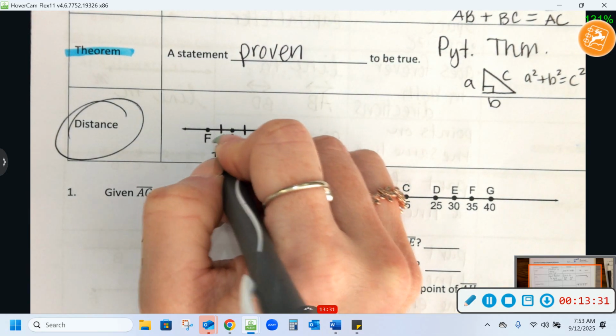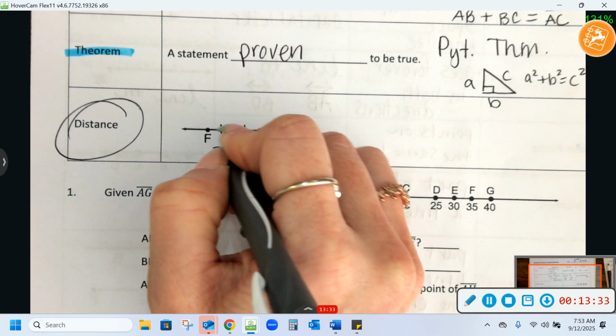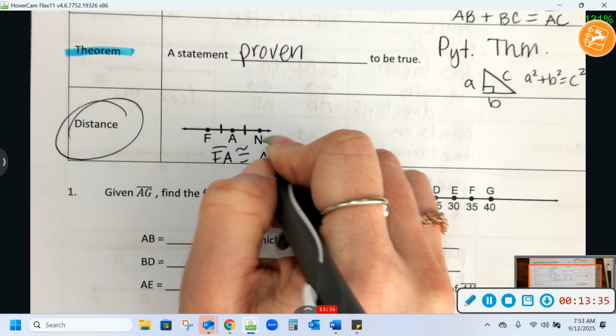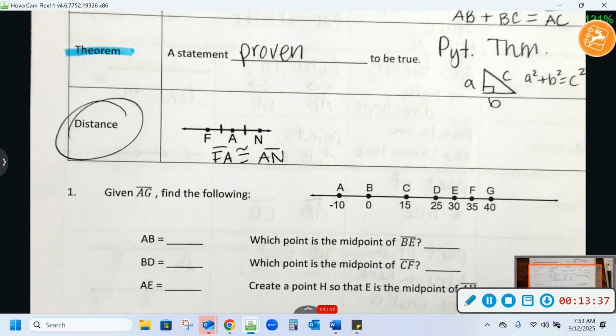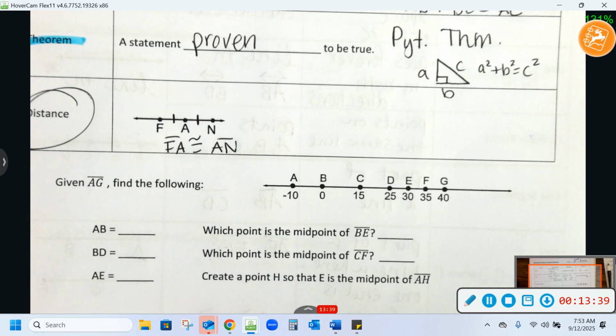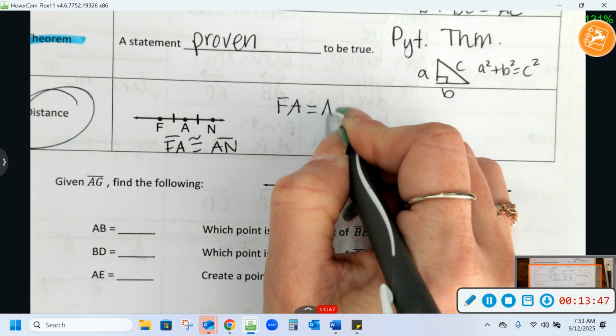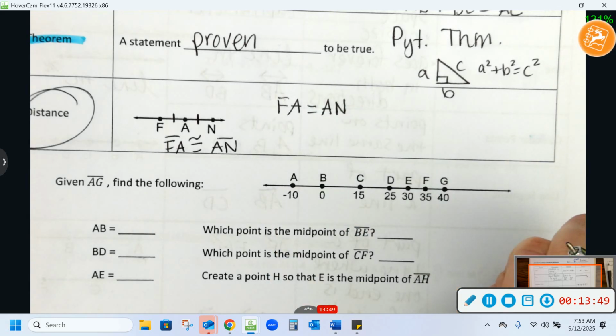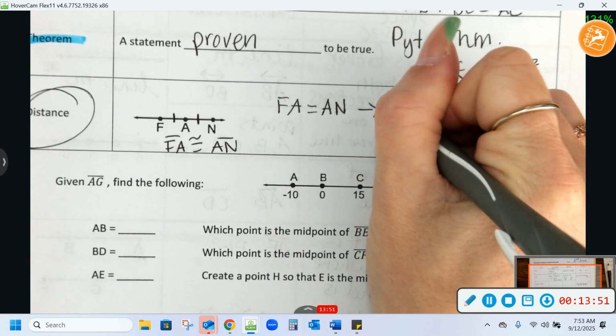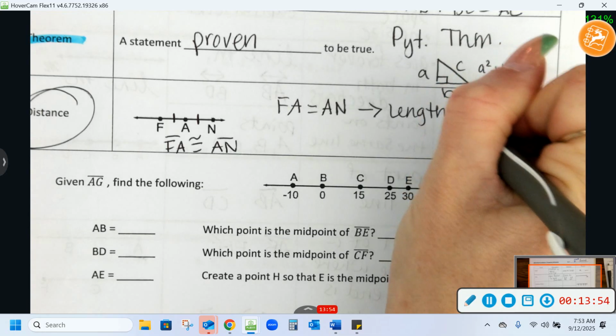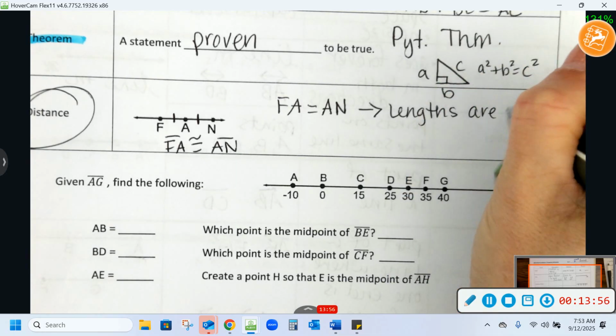Congruent, that's exactly right. So FA is congruent to AN. I just told you that. I can write this in 2 different ways. I can say FA equals AN, and that means their lengths are the same.